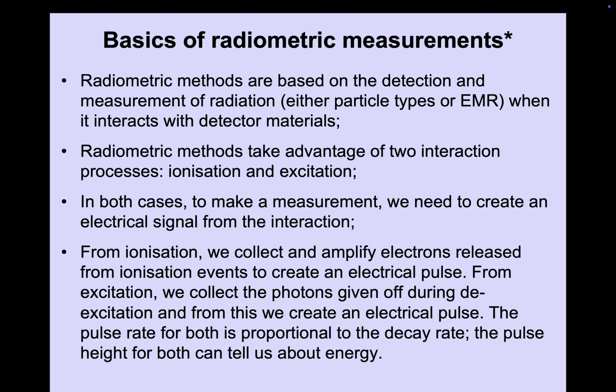The pulse rate for both types of detection is proportional to the rate of decay. Further, the pulse height gives us information pertinent to the energy. That's very important because if we can quantify the energy, then we have a good chance of identifying the radioactive decay that just occurred, i.e. characterizing the parent radionuclide that underwent the decay.